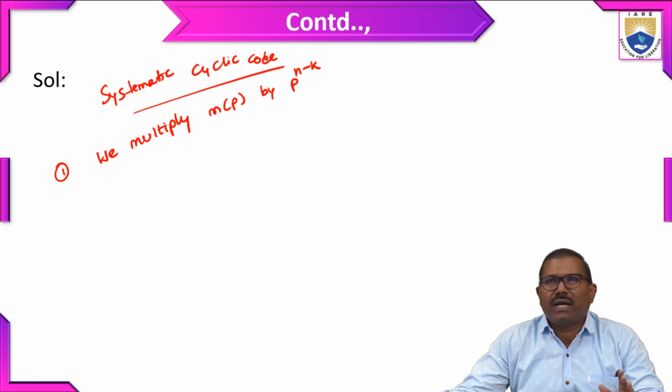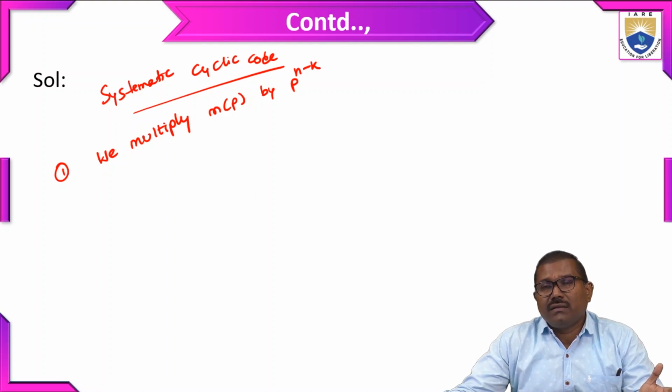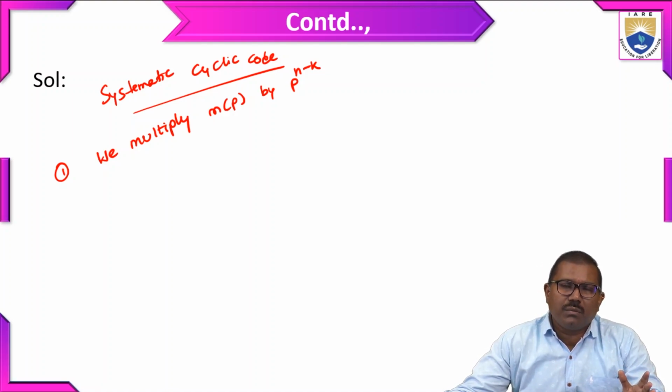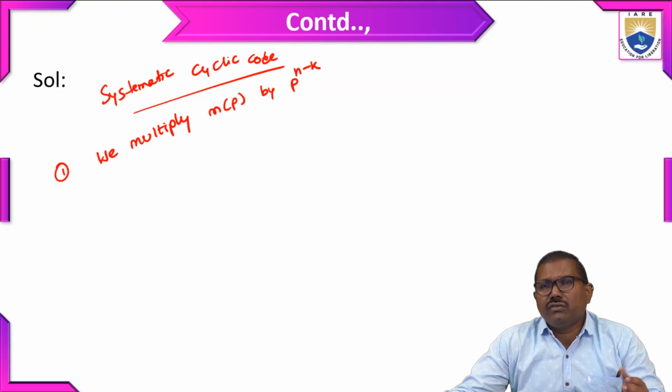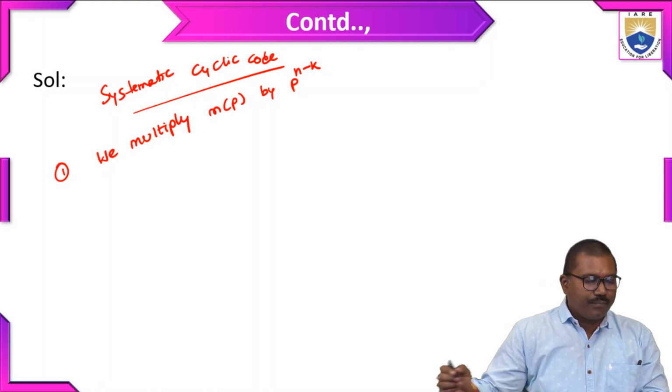First you multiply m of p, the message polynomial, by p power n minus k. We know the n value and k value, so you substitute. For example, in this problem, n value is 7, k value is 4. So n minus k means 7 minus 4, so you get p cube. You multiply the message polynomial by p cube.